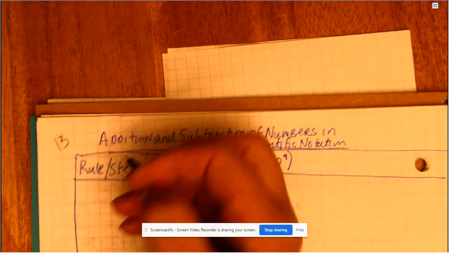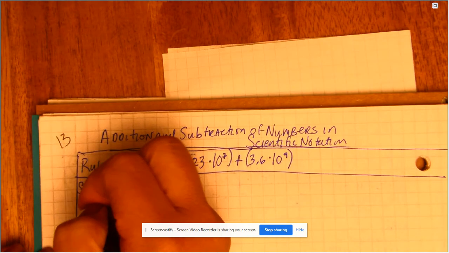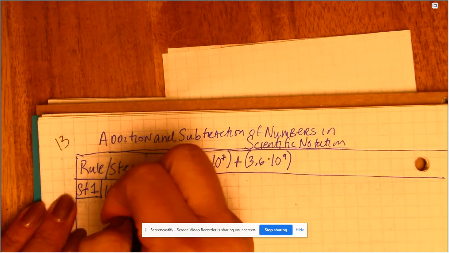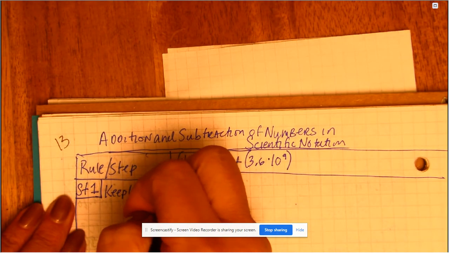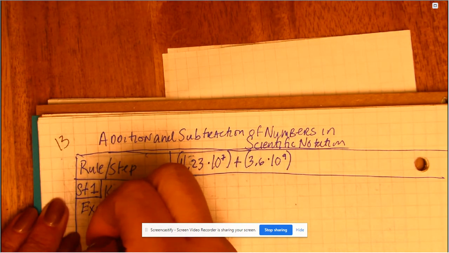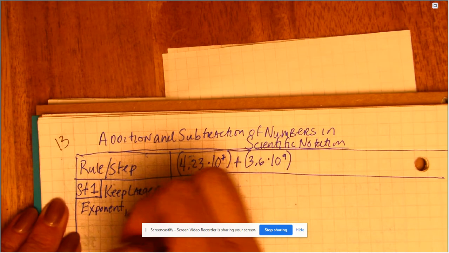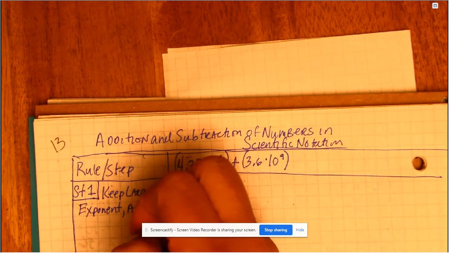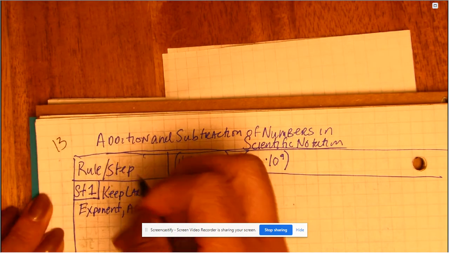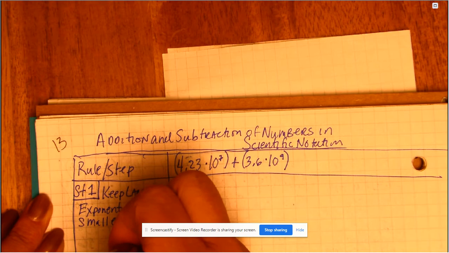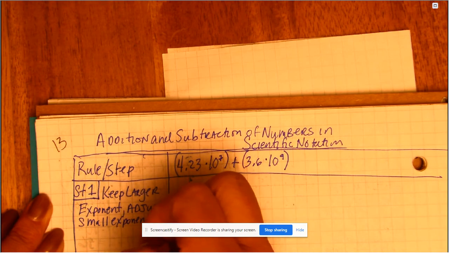Okay, so step 1 is keep larger exponent, adjust smaller exponent to match.